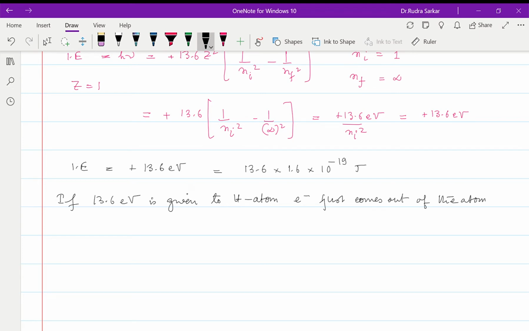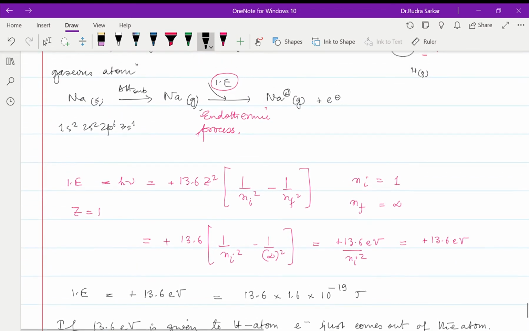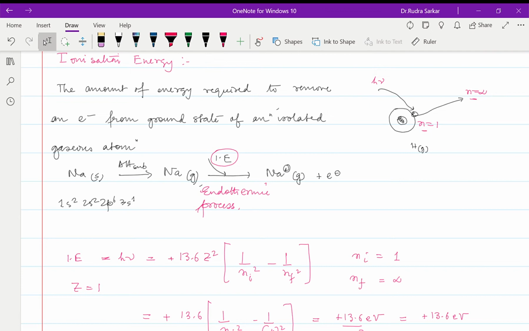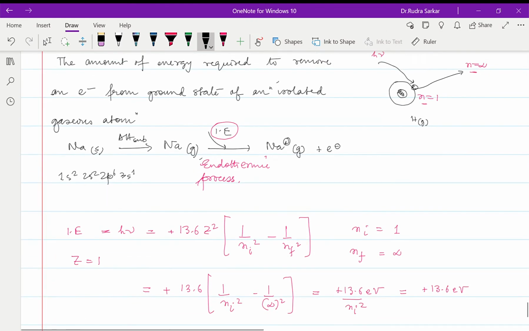So this is the minimum energy that is required to take out an electron from the atom. Again, by definition, ionization energy is the minimum amount of energy required to remove an electron from ground state.